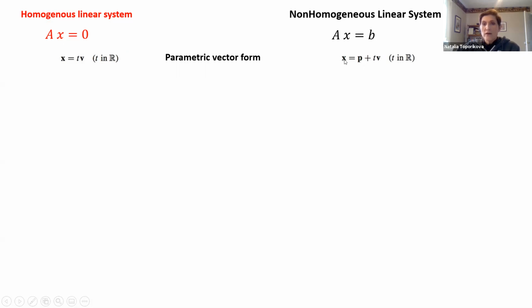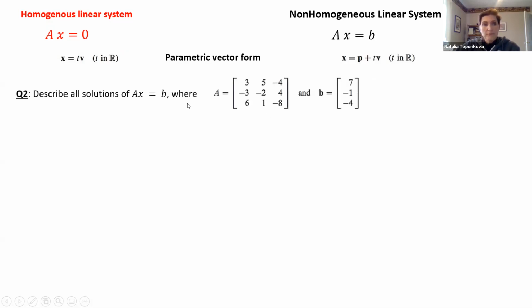So we again have x equal to a linear combination, number t times vector v, plus another vector called p. We often say that there is a p-corrected solution. So we correct it by another vector p. And it probably sounds very confusing right now. So let's just work through an example and see how we can get this strange form.